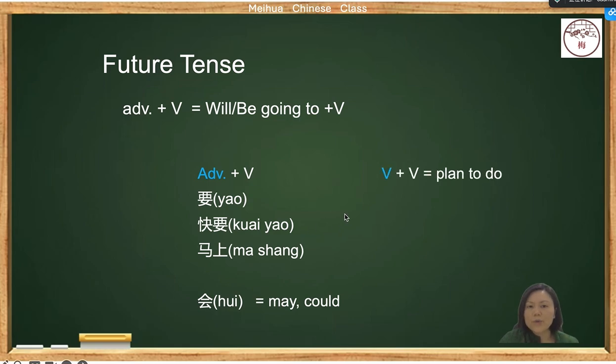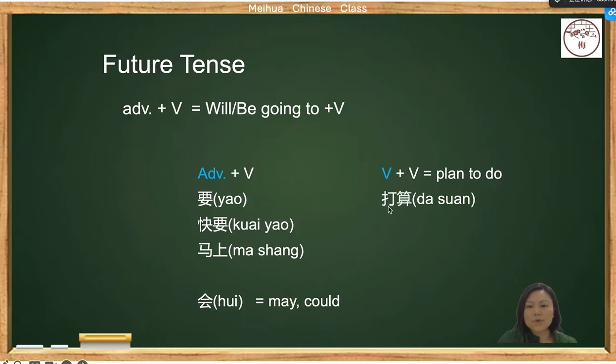Also, we have another form to indicate the future tense. We can use some special verbs that mean something is going to happen. So it's a form of verb plus verb. Here, the first verb means plan. The second verb is the exact thing that is going to happen.